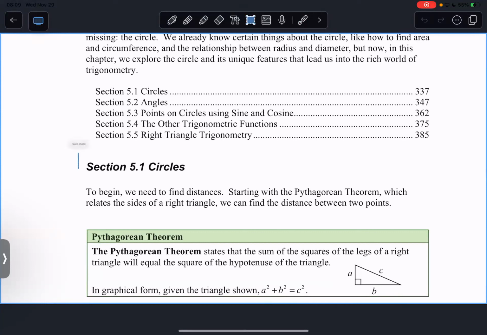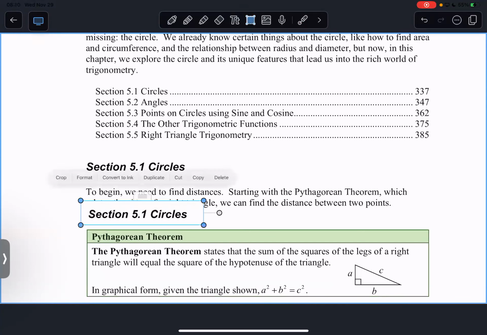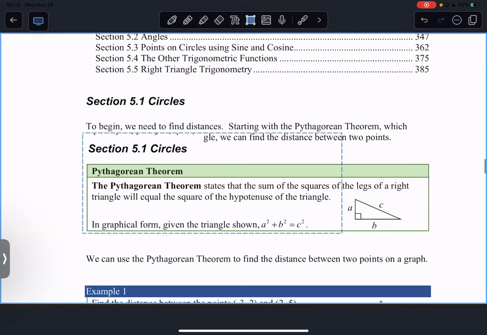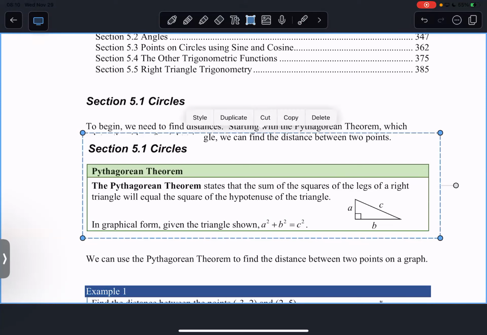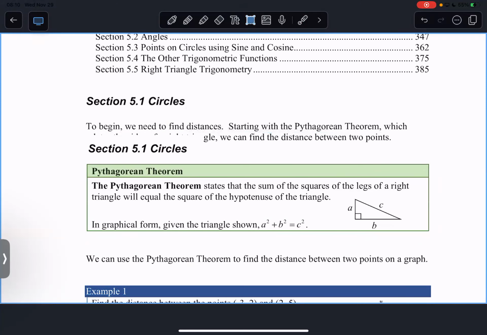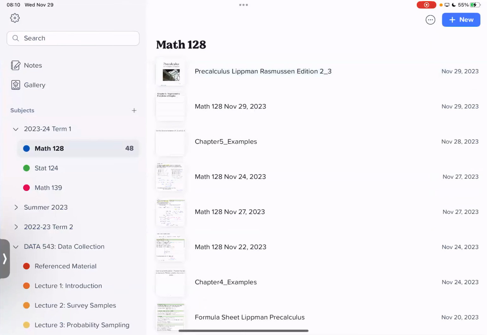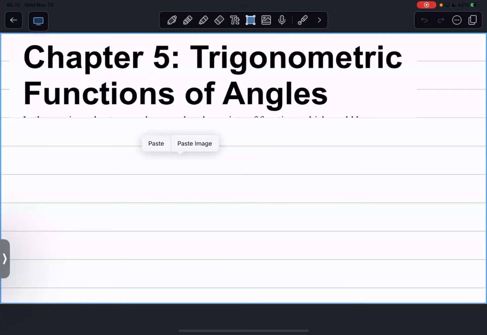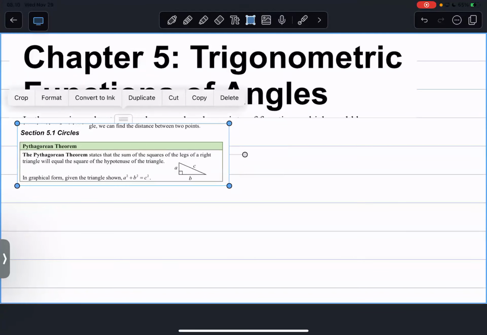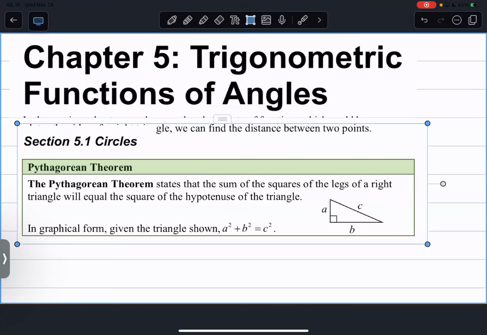Okay. So starting with circles. I'm going to do something weird here. Let's remember the Pythagorean theorem, which I think you're all okay with. I know you are.